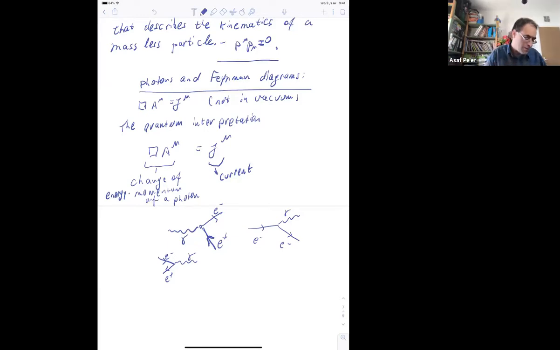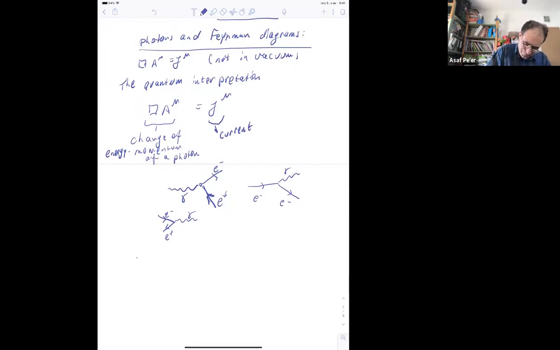Okay, so I argue that A mu is a 4-vector, so let's look at the transformation law of the photon.